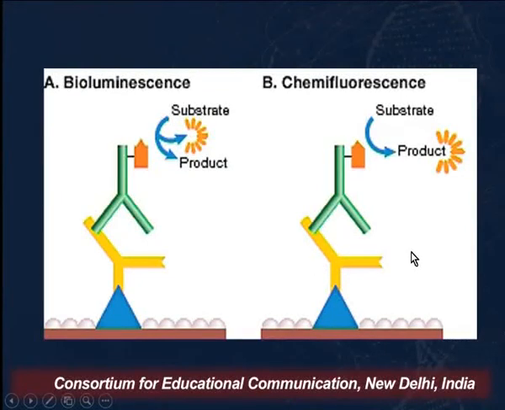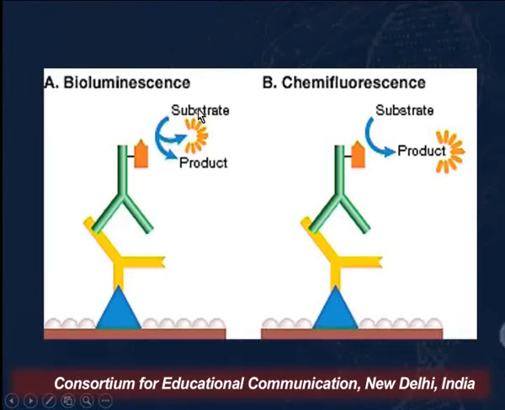Coming to the detection methods, there can be many different types of detection based upon what kind of labeling of the probe one has done. This is, for example, your protein of interest. This is the primary antibody. This is the secondary antibody, and this is the kind of tag it is carrying. There can be bioluminescence, which produces a certain kind of light in accordance with the product being produced.